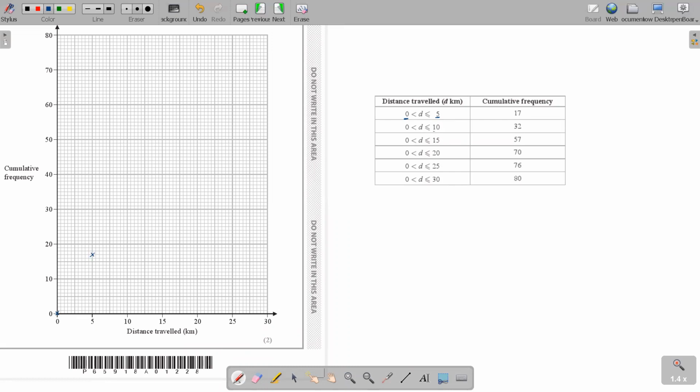And then at 10, we have 32. So try to mark it properly. And then at 15, we have cumulative frequency 57. Okay, 57. And then at 20, we have the cumulative frequency 70.